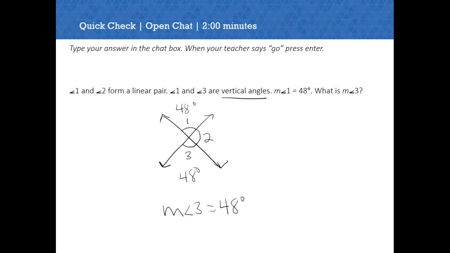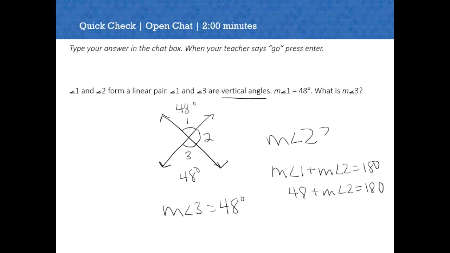What if we wanted to find the measure of angle 2? Well, a linear pair adds up to 180. So the measure of angle 1 plus the measure of angle 2 equals 180. So 48 plus the measure of angle 2 equals 180. Solving for the measure of angle 2, we subtract 48 from both sides.